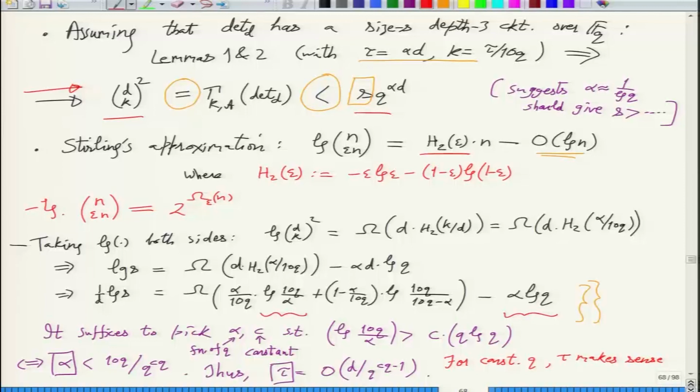So that will not give you anything. I think this proof will work as long as q raised to q is sufficiently smaller than d. So certainly if q is square root of log d, the proof is fine. Or when q is just below log d divided by log log d, that is the limit of this proof.